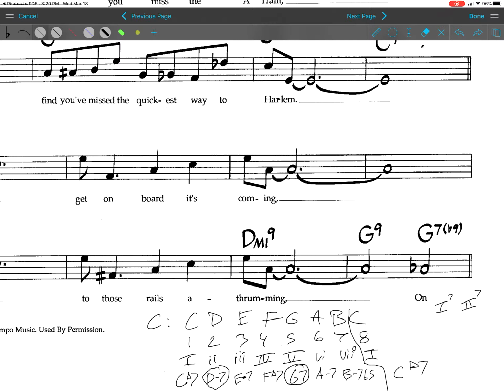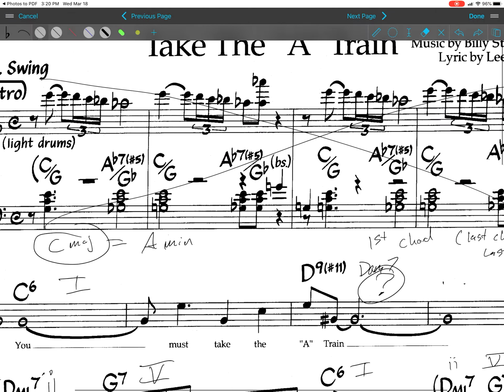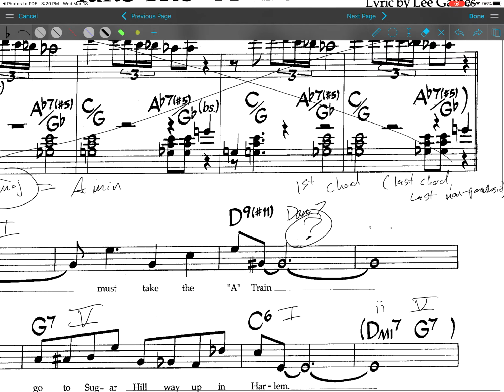You could have a Roman numeral 2, which is normally minor, as dominant. You could even have a Roman numeral 7, which is usually half diminished, as dominant instead, okay? So if we look at this, that's really all that's happening here. You know, they added a 9th instead of a 7th, and they raised the 11th to add some tension, but really all this is, guys, is just a dominant 2 chord.